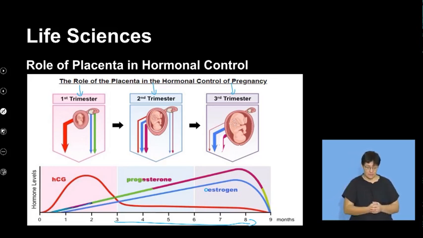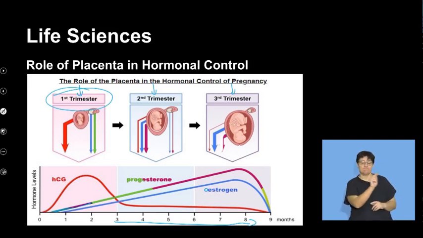that to hormones. So during the first trimester, we see that there is an increase in a hormone called human chorionic gonadotrophin, and that's released from the chorion developing within the fetus. So when the fetus develops, there's the chorionic layer, and that chorion stimulates the production of human chorionic gonadotrophin.